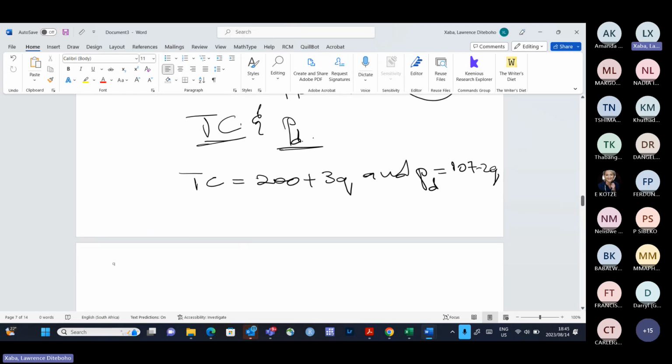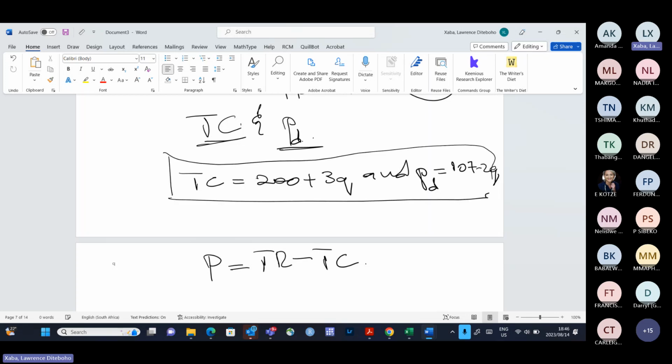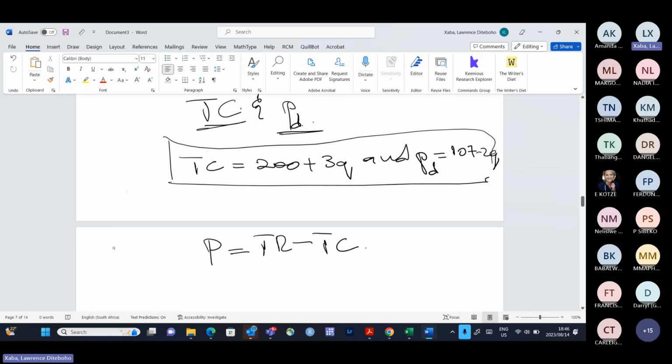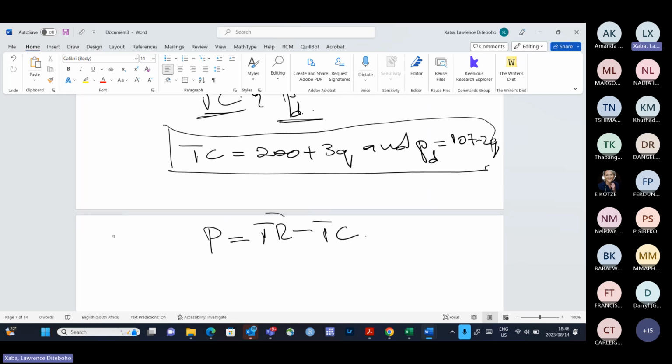Remember, our objective is to find the profit. And remember, I said the profit is equal to TR minus TC. And this is the only information that is provided to us. So what do we do in this case? We still remember how we get our function of TR.